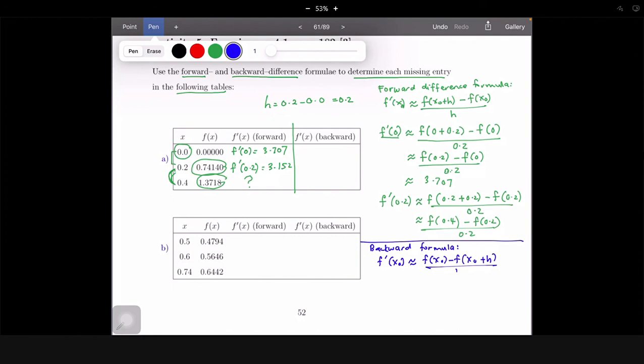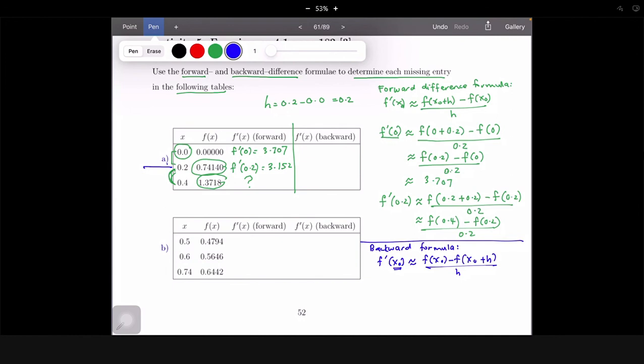Okay, tengok. So let's say kita nak tengok the value of f prime 0.4. Maksudnya dia start daripada bawah lah, sebab dia backward. Kita boleh start daripada atas tapi kita kena start from the second, sebab kita nak guna the data yang sebelum.